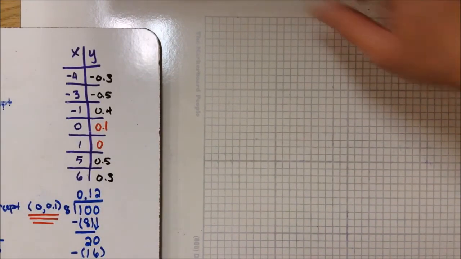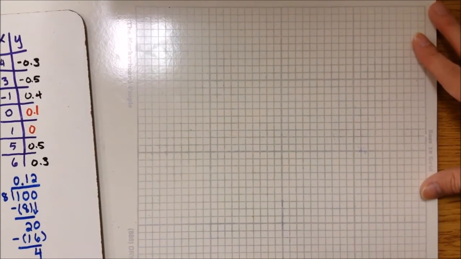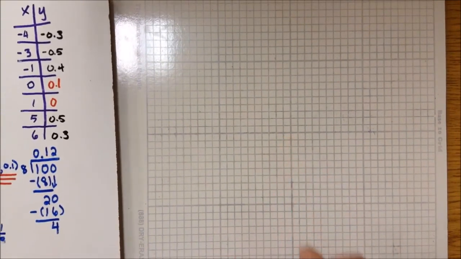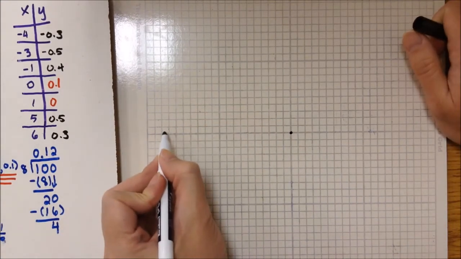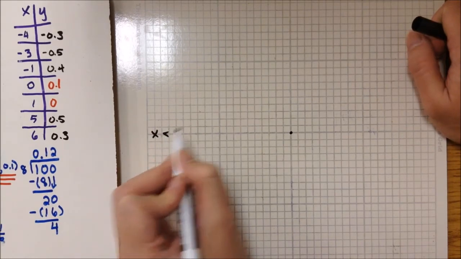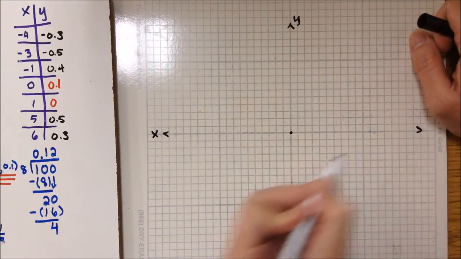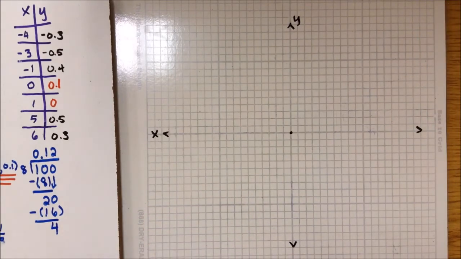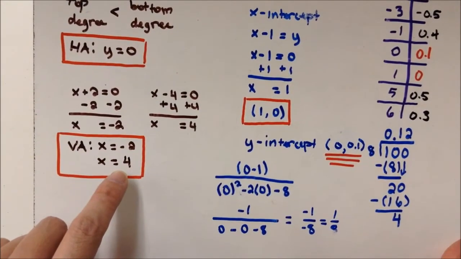Alright, now we're going to use this as a center, 0, 0. So I'm going to mark it as the center here. So this is our x-axis, and here is the y-axis. We got the vertical asymptote at -2 and at 4.